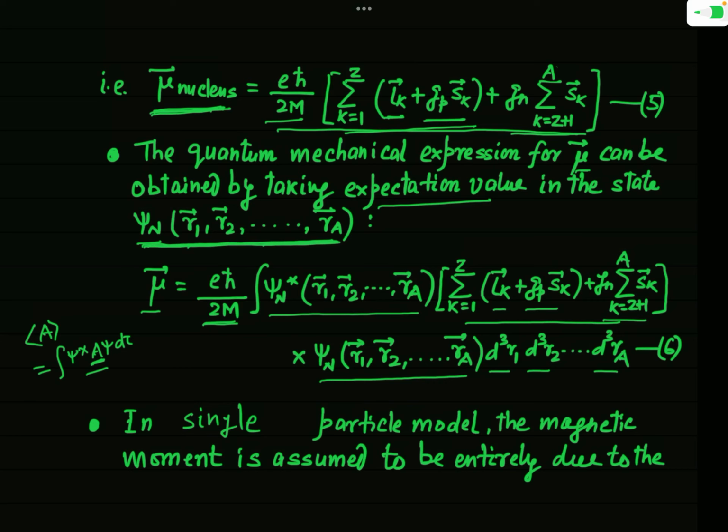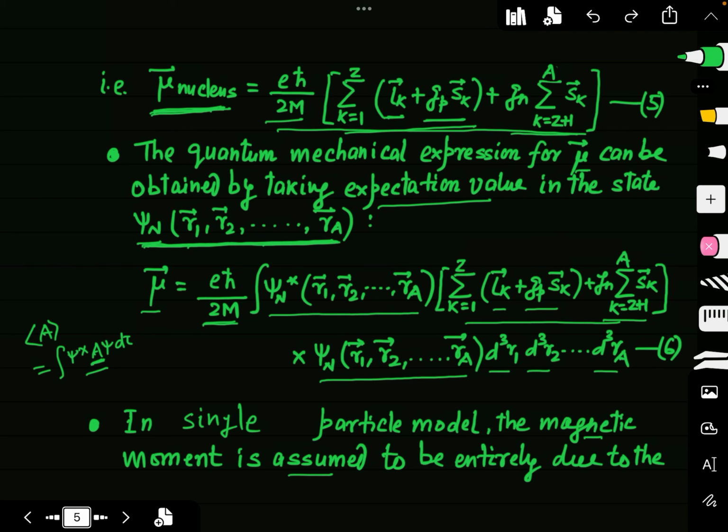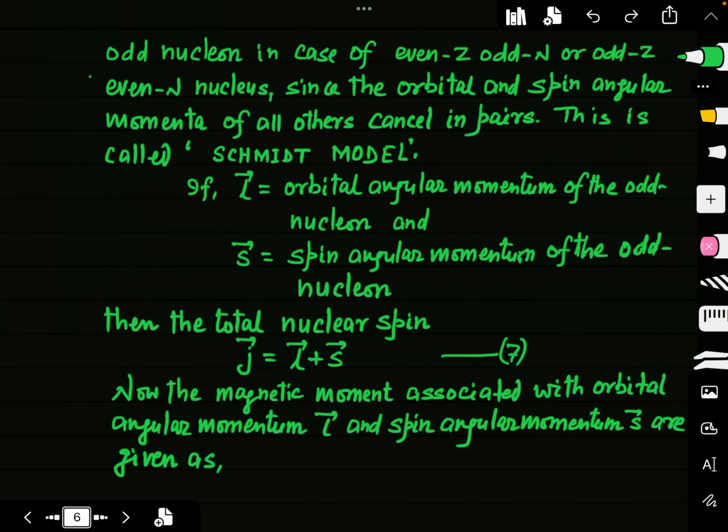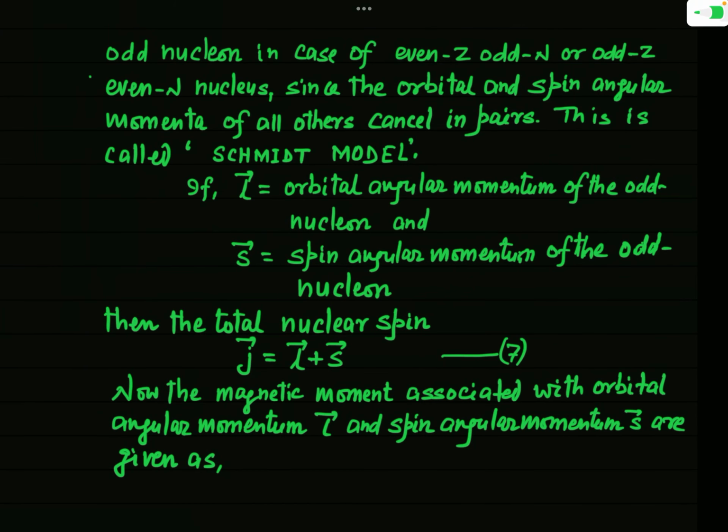Now we have studied the single particle model, the shell model or the independent particle model, and you have seen that in the single particle model the magnetic moment is entirely due to a single odd nucleon, that may be a proton or a neutron, and that odd neutron or proton is actually responsible for the magnetic moment.